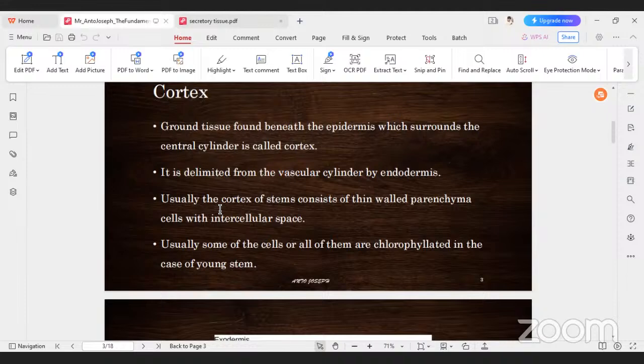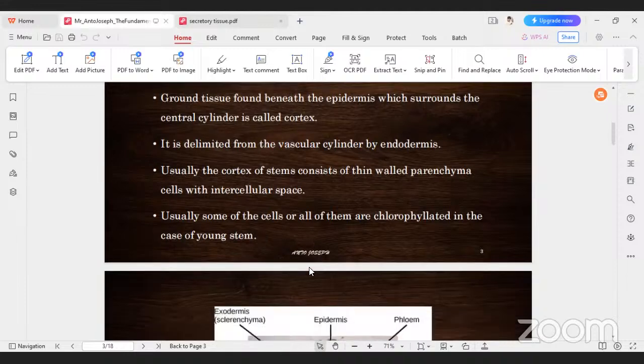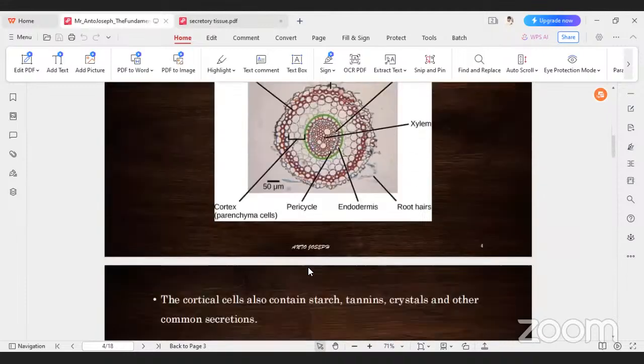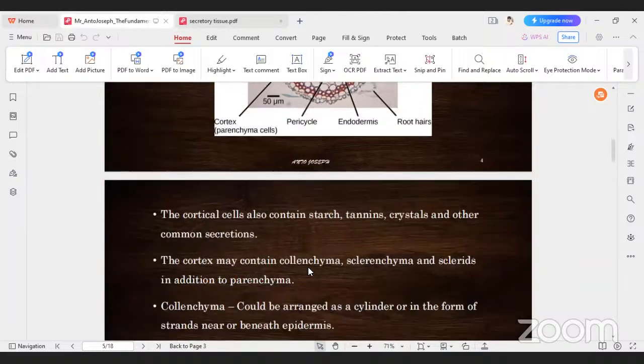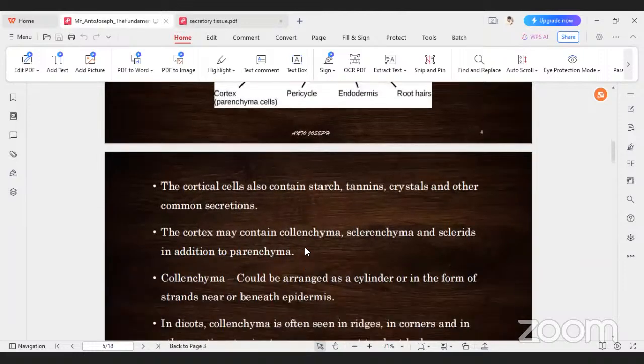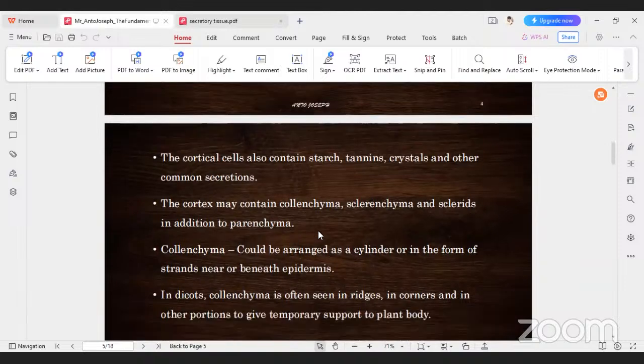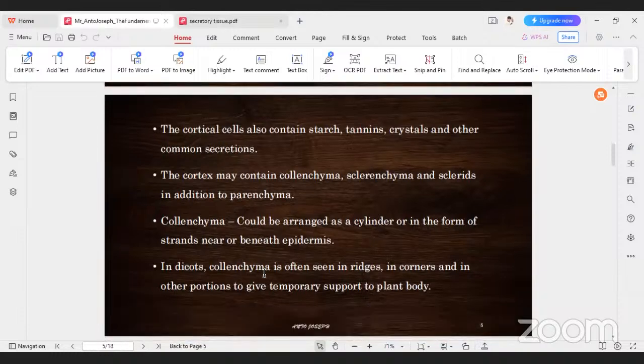Usually this cortex in stem consists of parenchyma with intercellular spaces, and also collenchyma, and chlorenchymatous cells. The cortex cells also contain starch, tannin, crystals, other common secretions. The cortex may contain collenchyma, sclerenchyma, sclereids in addition to parenchyma.